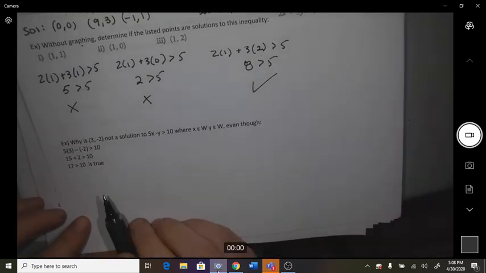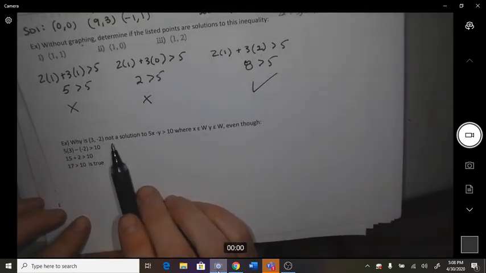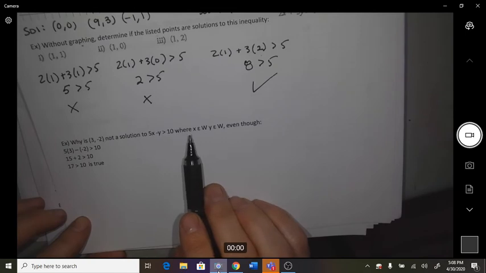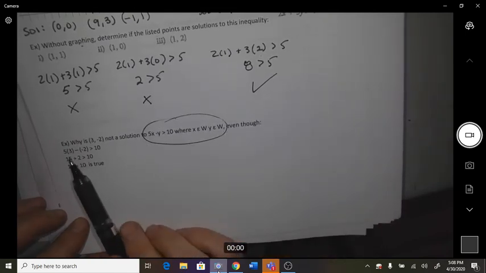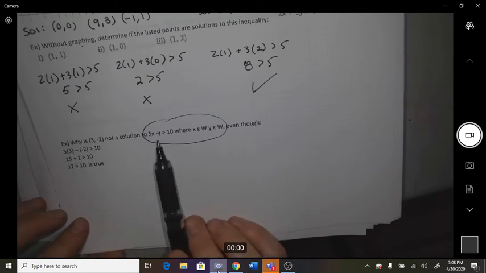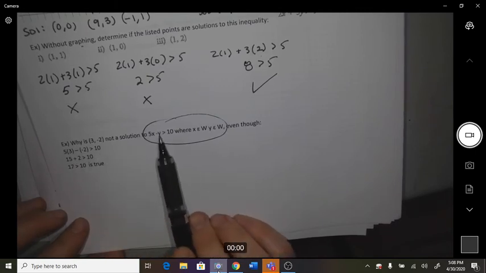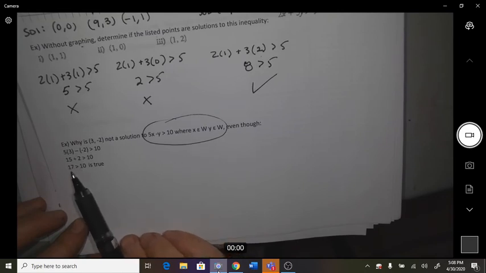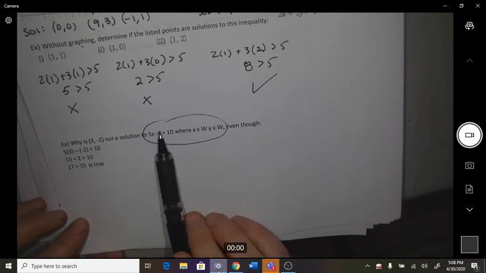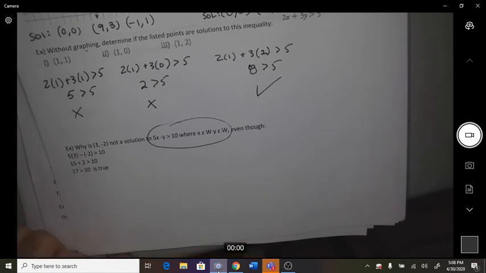Okay, why is the point 3, negative 2 not a solution to this statement? Even though when you do plug it in, 5 times 3 minus negative 2, which is 17. 17 is greater than 10. So that's true when you plug it in. So why can I not call it a solution?